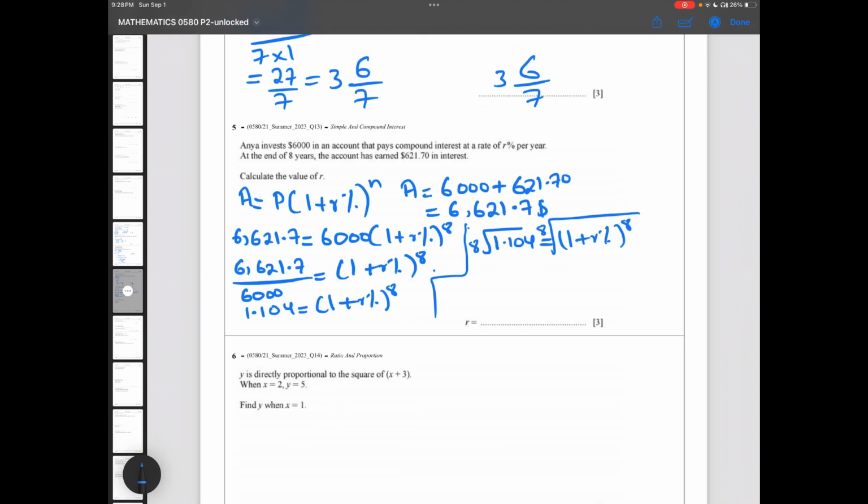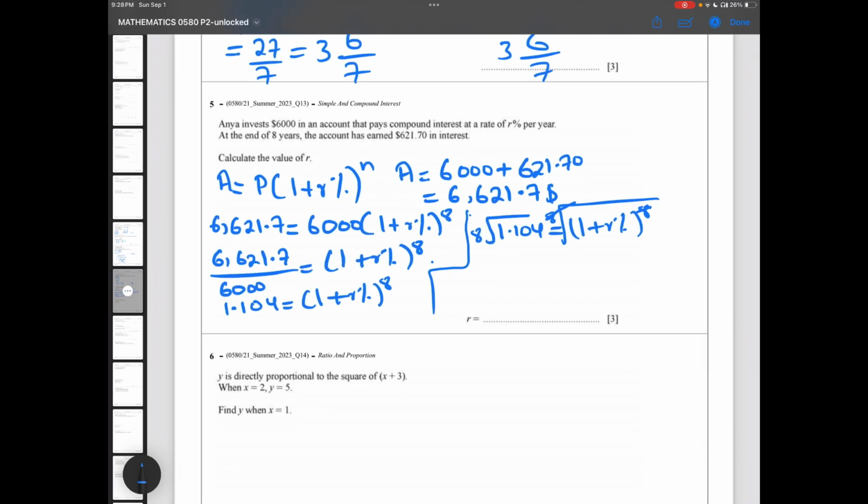So now this power 8 gets cancelled with the 8th root, and the 8th root of 1.104 is, let me just calculate it, 1.104, we have to take the 8th root of it, and that's 1.012. 1.012 is equal to 1 plus R percent.